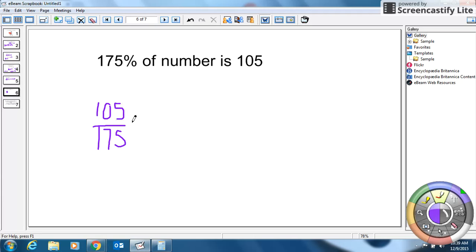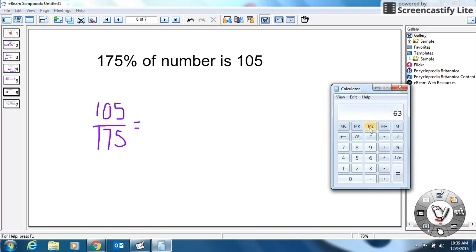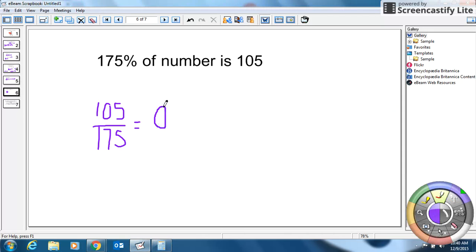If I divide these two numbers, that should give me 1% of the number I'm looking for. So 105 divided by 175 is equal to 0.6.